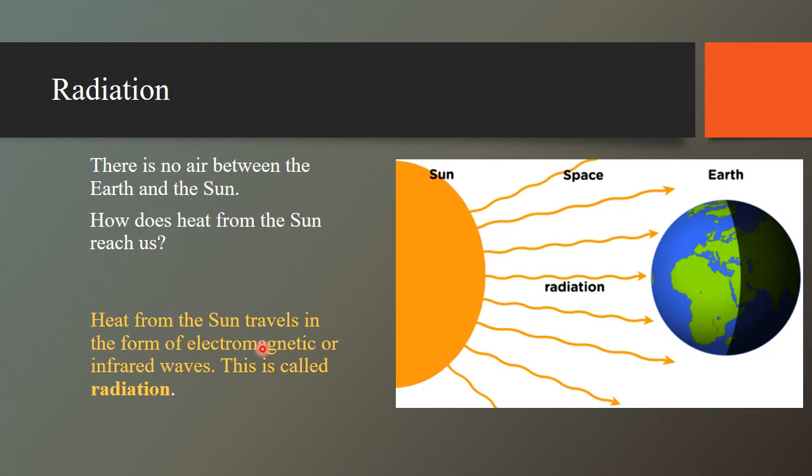Heat waves travel in the form of electromagnetic or infrared waves. These are a special sort of waves which do not require any air, gas or a solid to move through. They can move through space, and that is how heat from the sun reaches the earth.